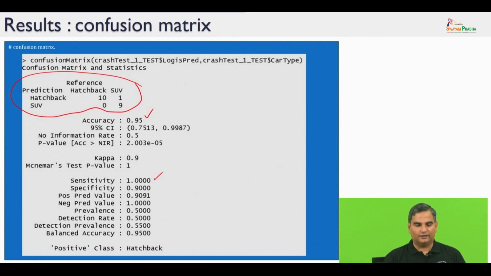That is the kind of example problem that we have here. So, really the two classes are hatchback and SUV, and this table that you see right here is what is called the confusion matrix. This is the result that you typically get.